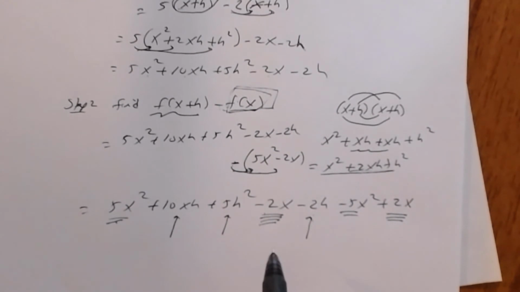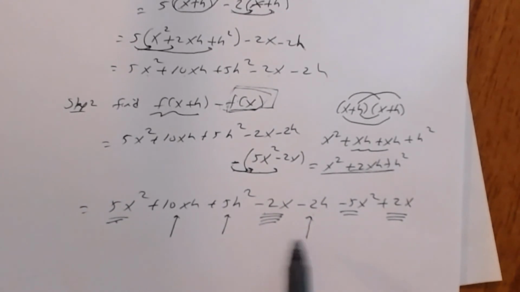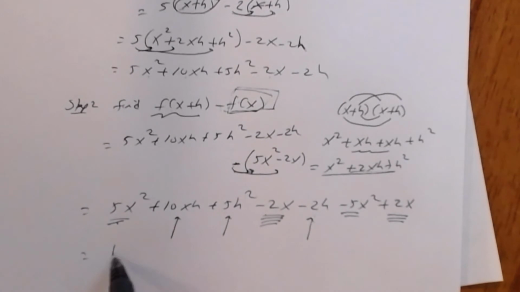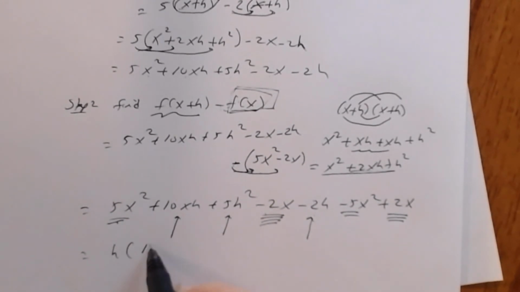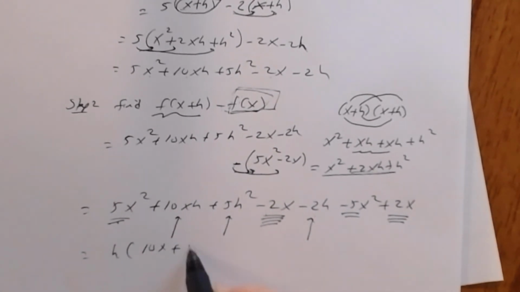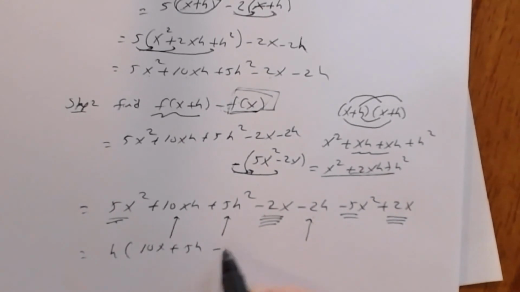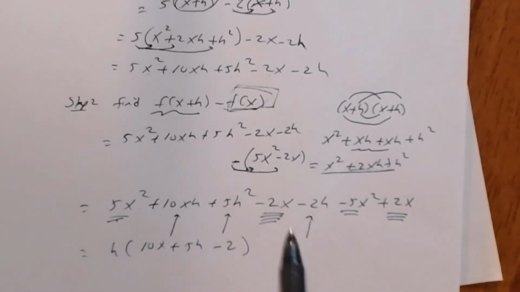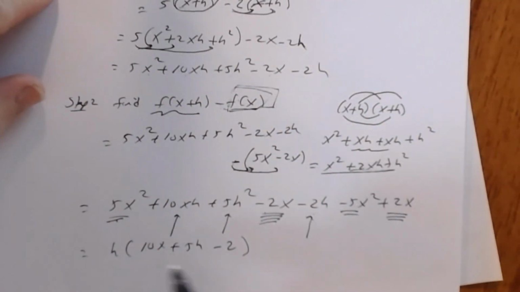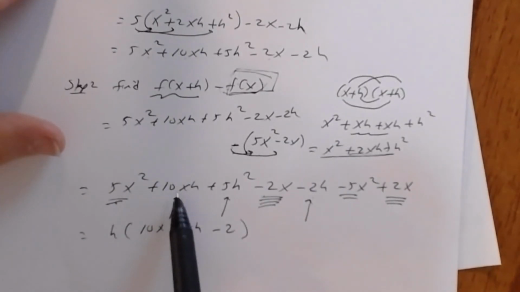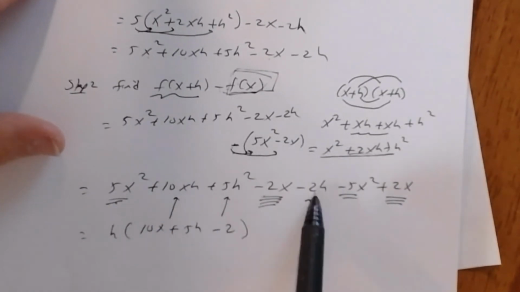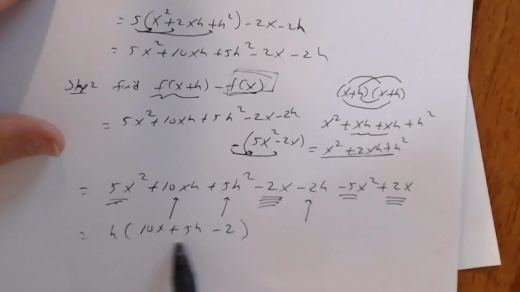So what I'm going to do is go ahead and factor out the h. So I'm going to say h times (10x plus 5h minus 2). All right, so that's going to be important in a little while. You're going to see why. So notice that you're left with 3 terms, and they all have h in common, so I factor out the h.